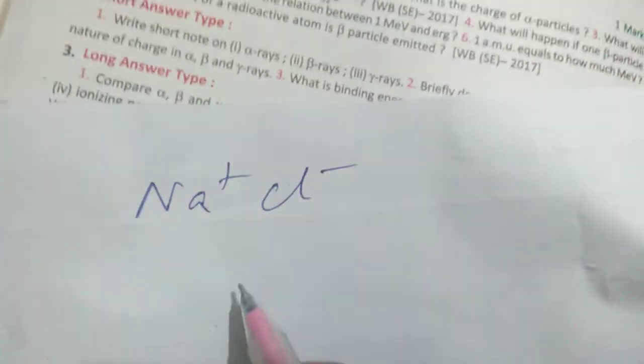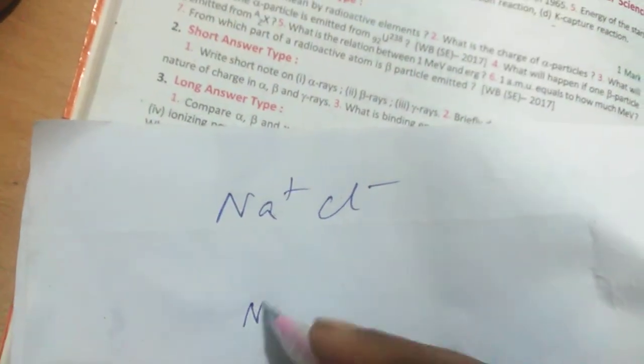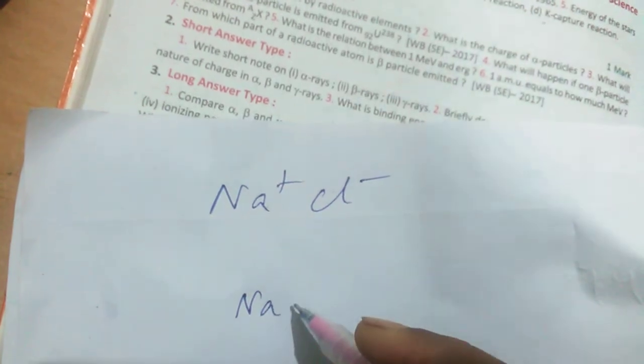As for example, if we take NaCl, NaCl solution or fused NaCl contains a huge amount of Na plus and Cl minus ions.